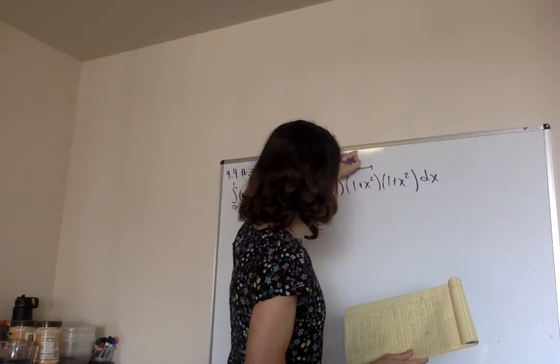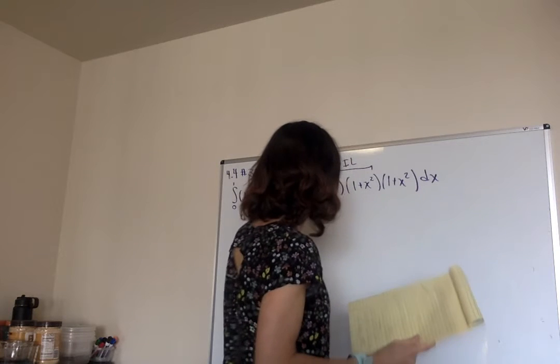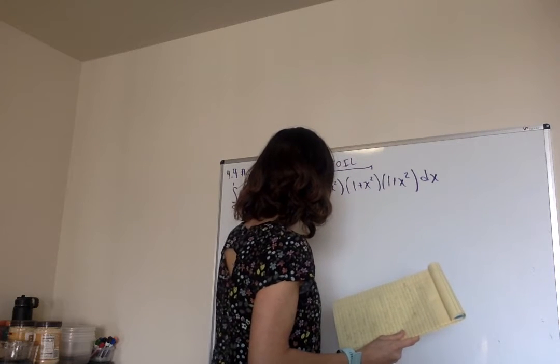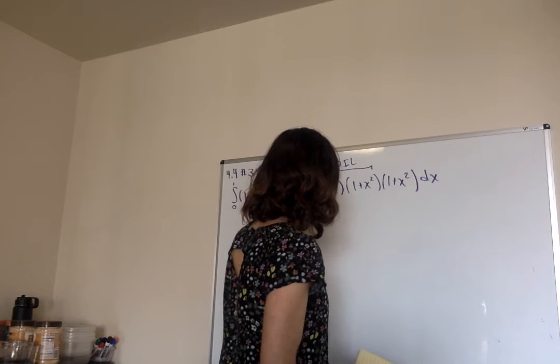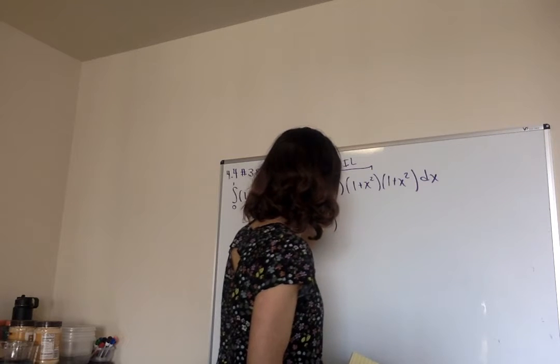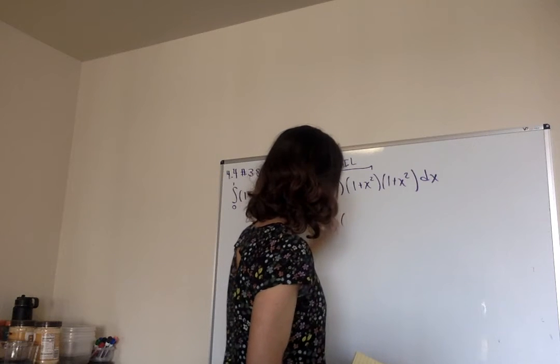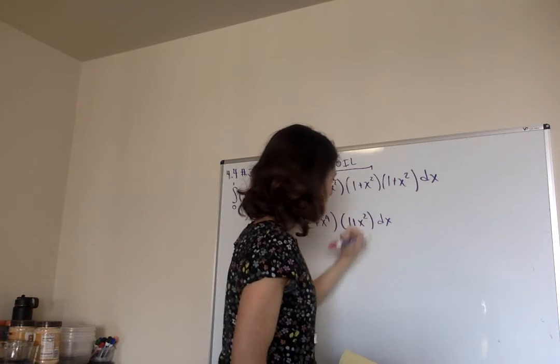So I'm going to FOIL the first 2, and that'll give me the integral from 0 to 1 of 1 plus 2x squared plus x to the 4th, all times 1 plus x squared dx.